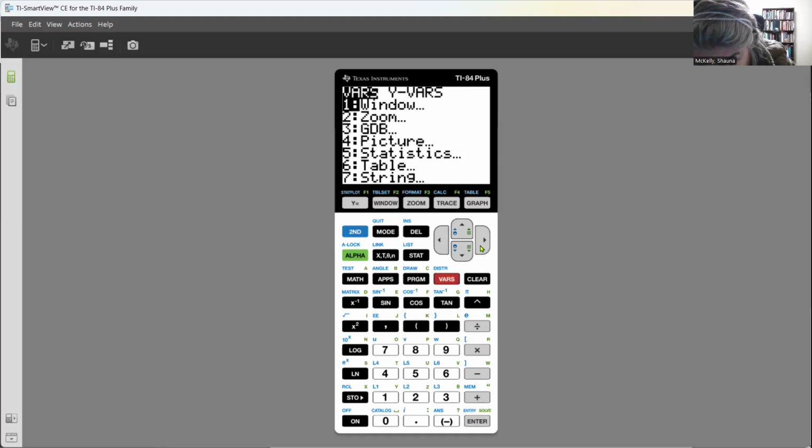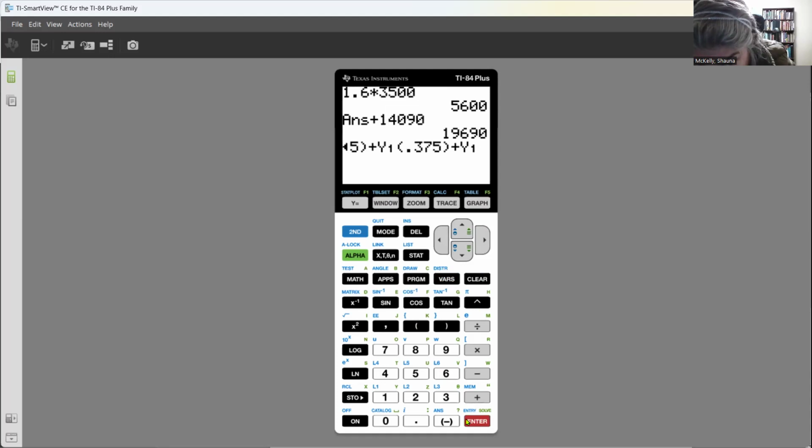Y vars, function, y1. This is going to be 5/8, which is 0.625. And I'm going to add one more.